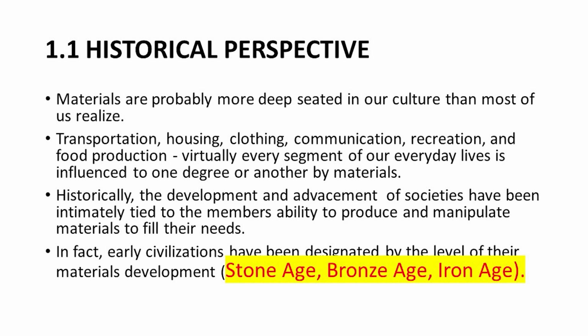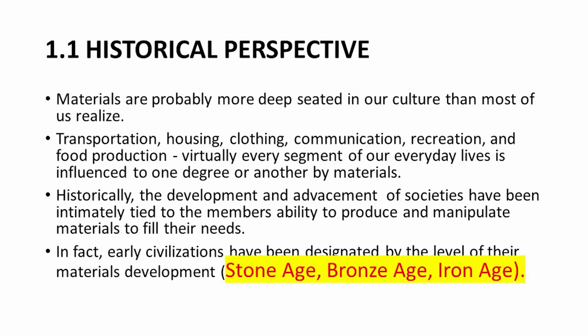Historically, the development and advancement of society have been intimately tied to the members' ability to produce and manipulate material to fill their needs. In fact, civilizations have been designated by the level of their material development. So many years ago, we say the Stone Age.